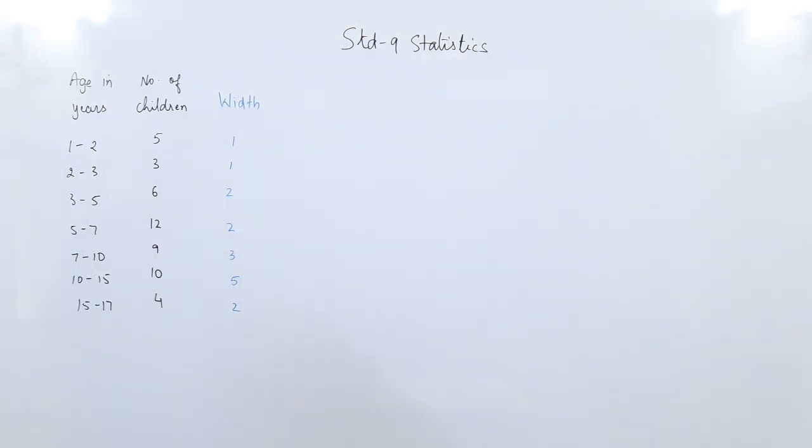Now when the width is varying, what will you do? If the width is varying, we cannot consider this frequency the true frequency. We saw in the previous lecture. What did we notice in the previous lecture? When the width is varying, then the frequency is not the true frequency. So we cannot draw this height.